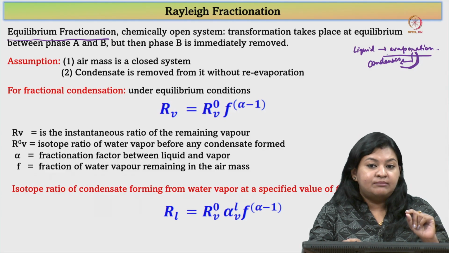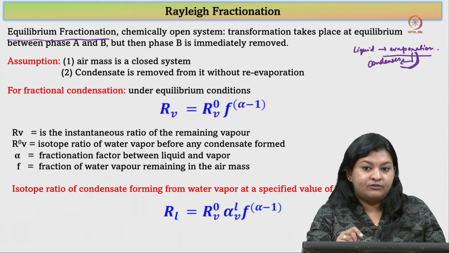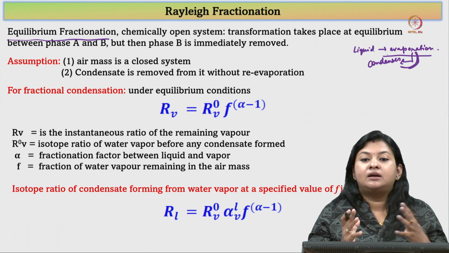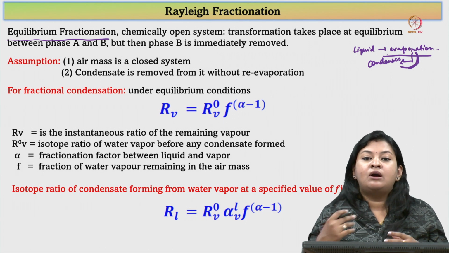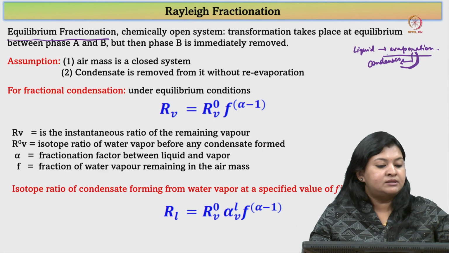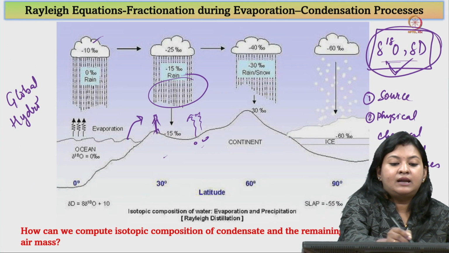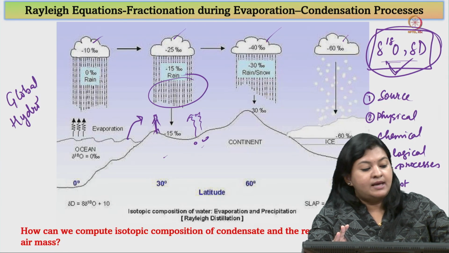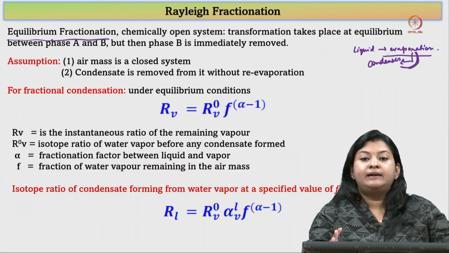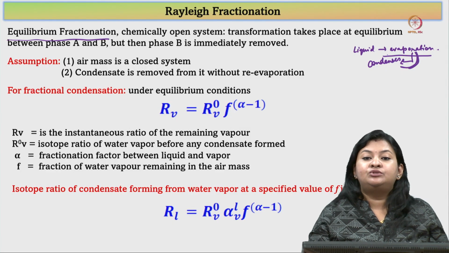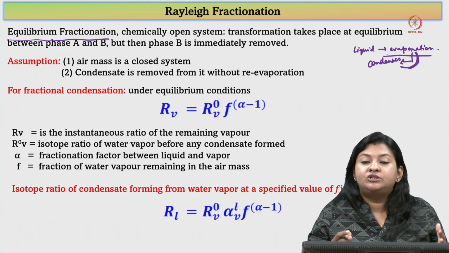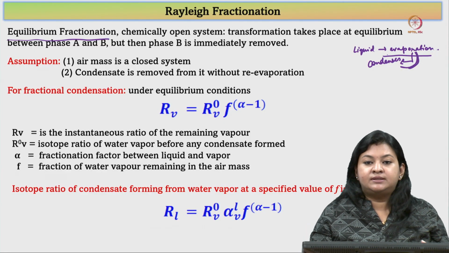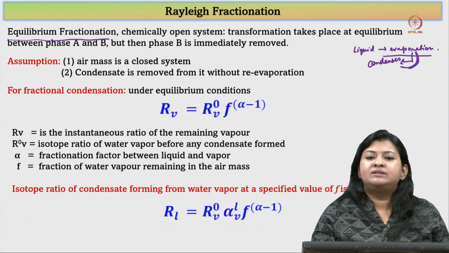So, the few assumptions that we are going to make are, first, the air mass is a closed system, so that nothing is coming inside or going out from that air mass. So, if an air mass is moving, this particular cloud is moving, then that is behaving as a closed system. And often, when huge cloud formation is happening, the minor contributions from the terrestrial sources and any other mixing become negligible.